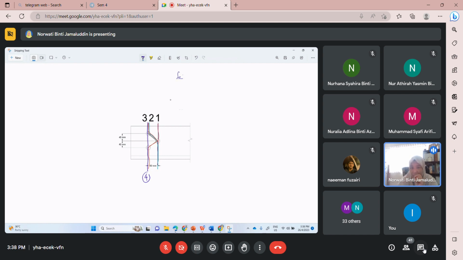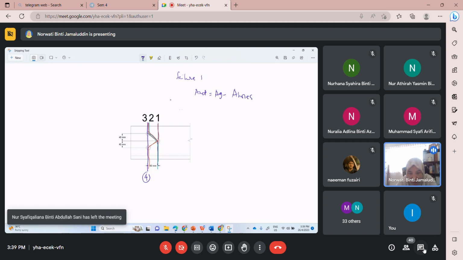Okay, failure line 1. What is the general equation? A net is equal to gross area minus any area due to holes. The first failure line crosses just one bolt hole, which means that from the cross section, this is what you will see, right? Ag is the gross area.